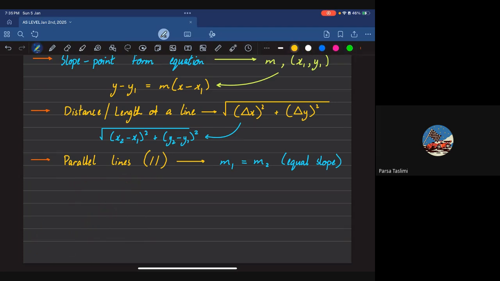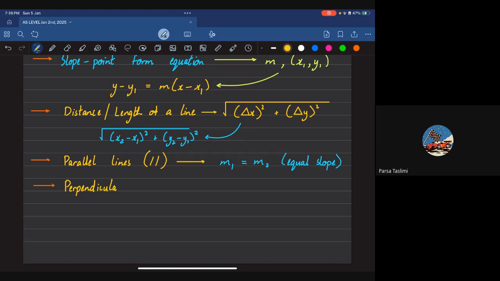Next up, you have another property, which is what if two lines are perpendicular? For two lines which are perpendicular, there is a 90-degree angle in between them. First of all, you need to realize that they have a 90-degree angle in between them.